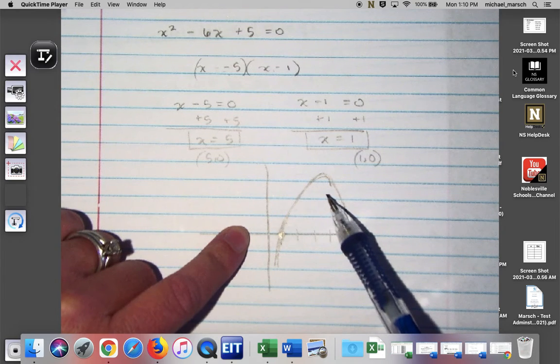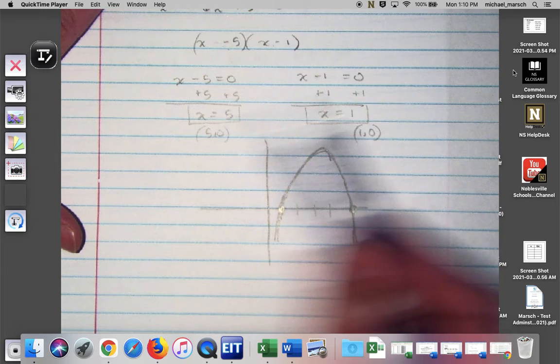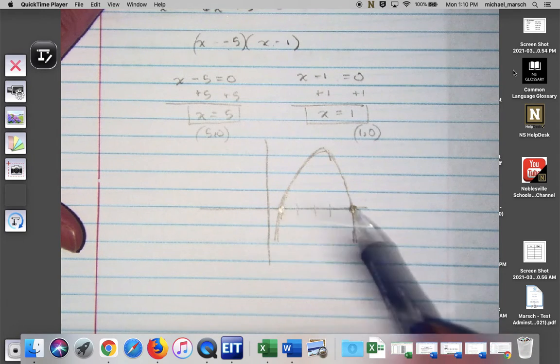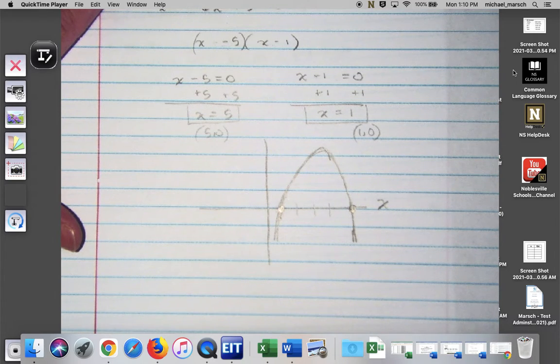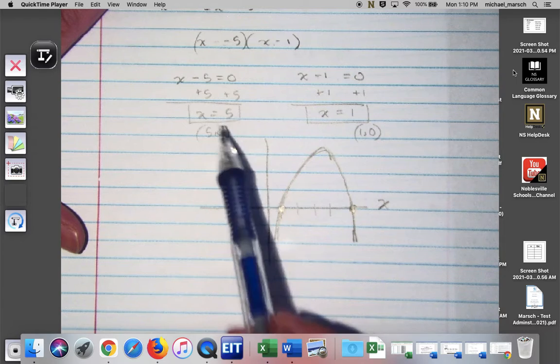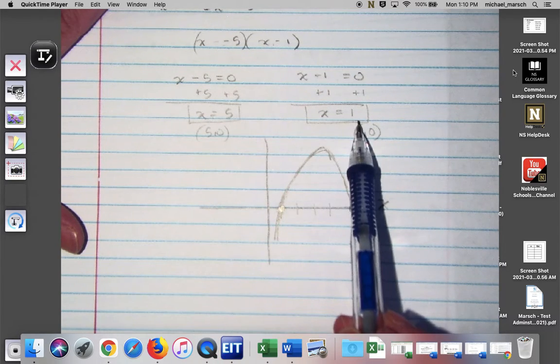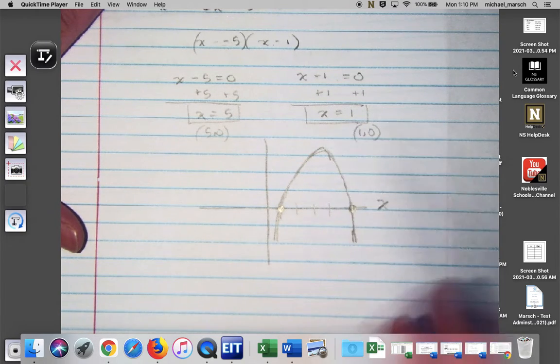There's a cute little formula for that. We're not going to worry about that today. Where we're headed is to find our x-intercepts of our parabola. I'm not going to have you do any graphing today. I just wanted you to know what these x's will stand for. Also known as roots, also known as zeros. Lots of different aliases.